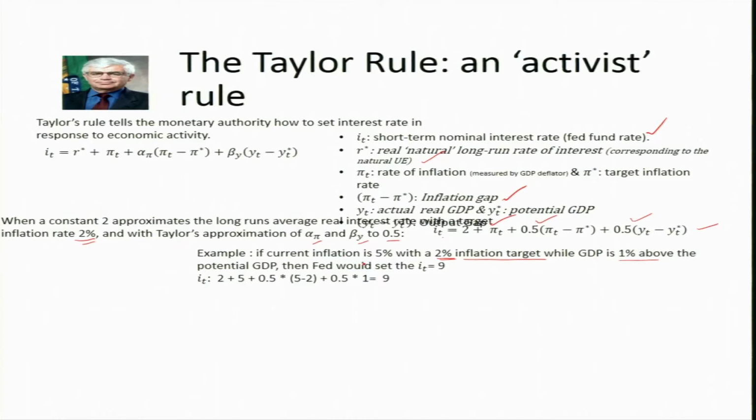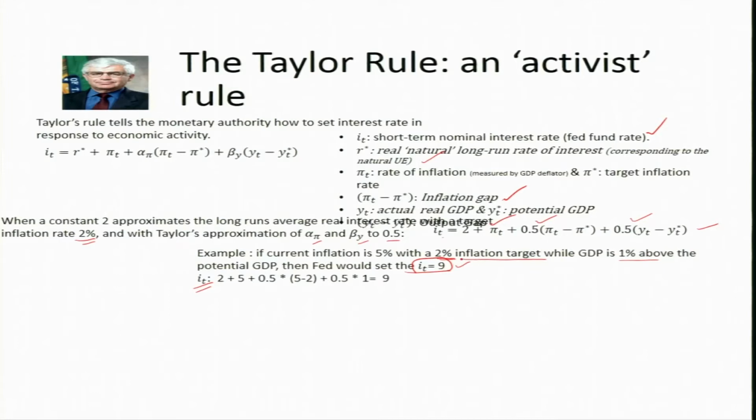Then according to Taylor's rule, if this is the current scenario, the economy is facing a positive inflation gap and a positive GDP gap. Accordingly, in order to cool off the economy and reduce the heat, the Fed fund rate should be high.